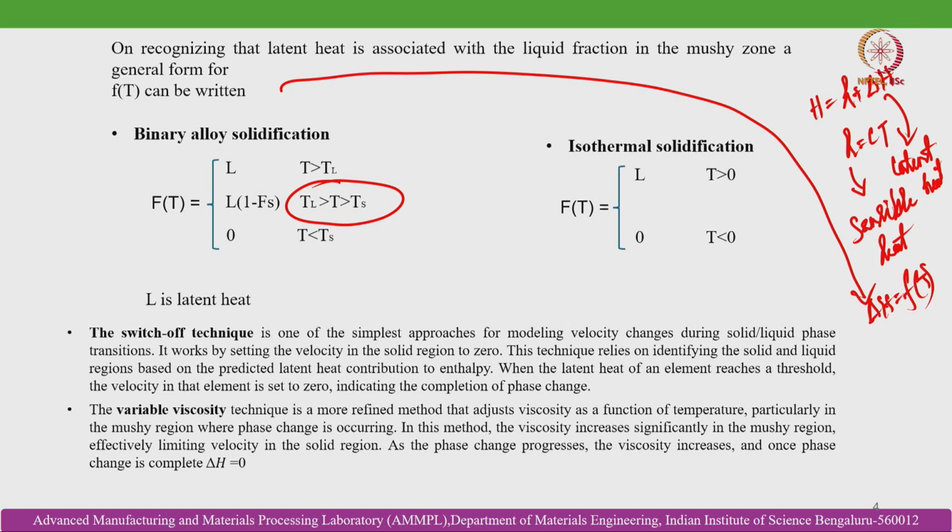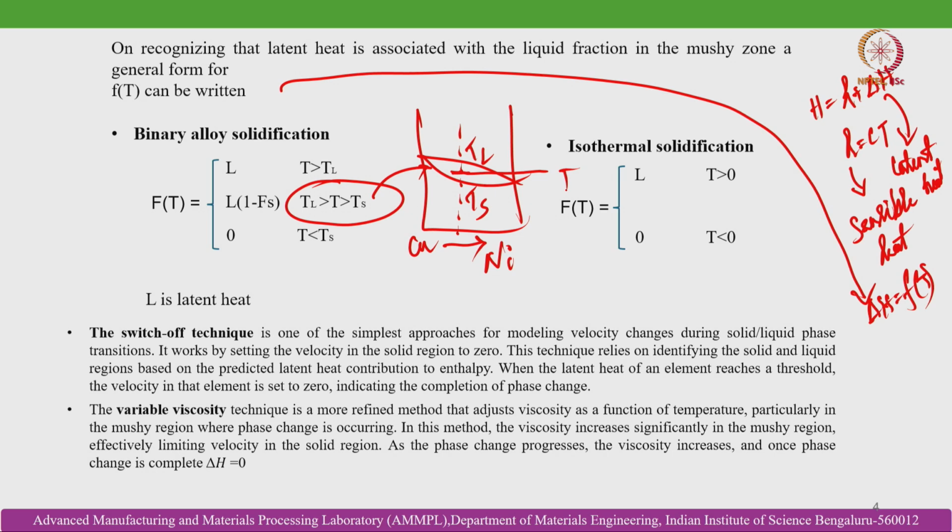If I draw a simple phase diagram for your ease of understanding, this is a copper nickel phase diagram, a lens type phase diagram. Here nickel is increasing this side, and this is copper. Assume there is a particular alloy. In that case, this is TL, this is TS, and this is a condition where the temperature lies somewhere in between. So this is basically T here.